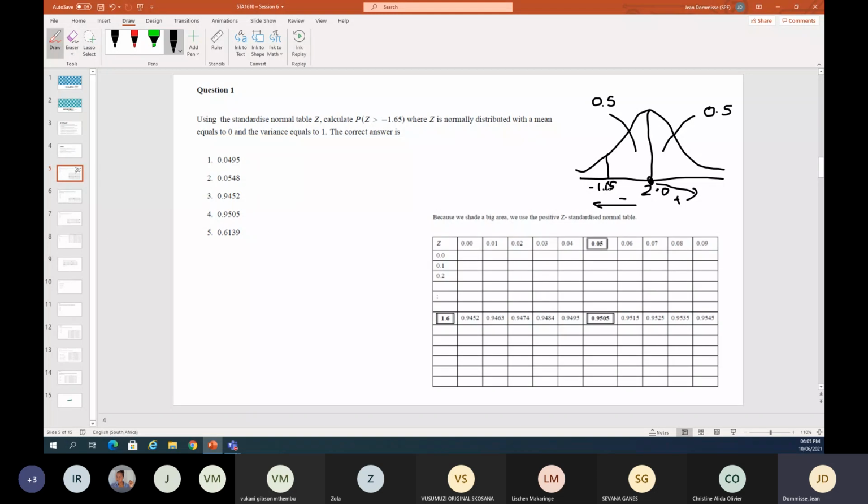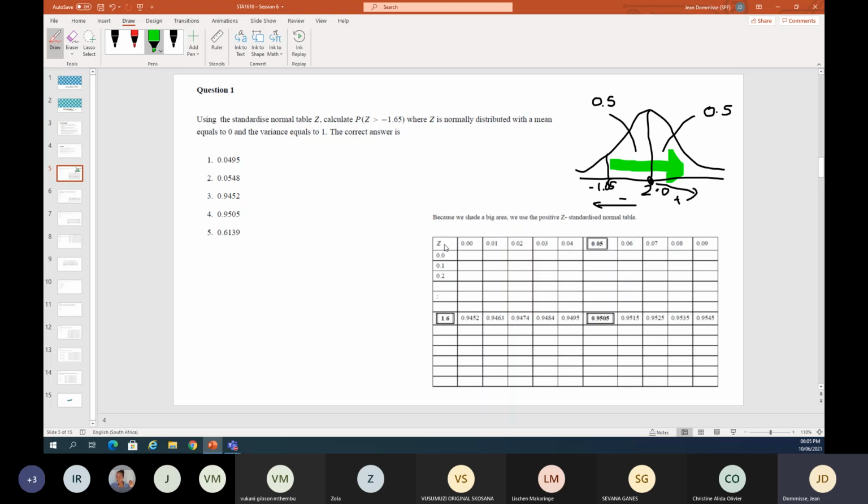So we have here minus 1,65. We need to get the probability of that side, the probability of bigger than minus 1,65.